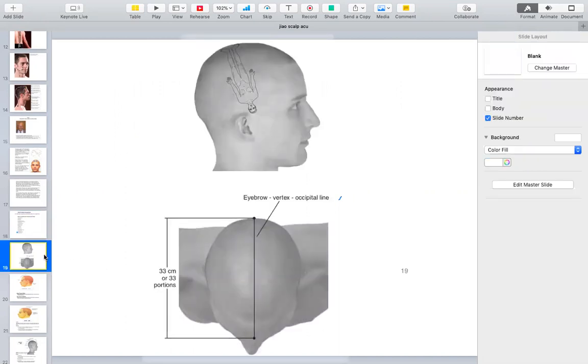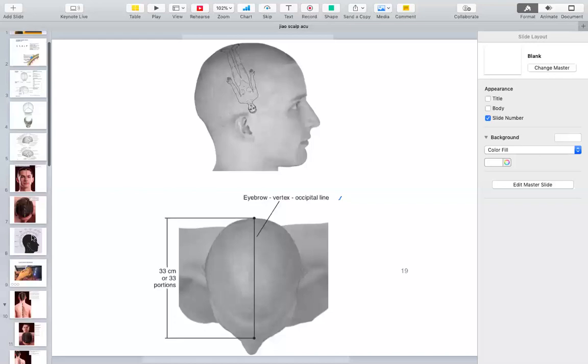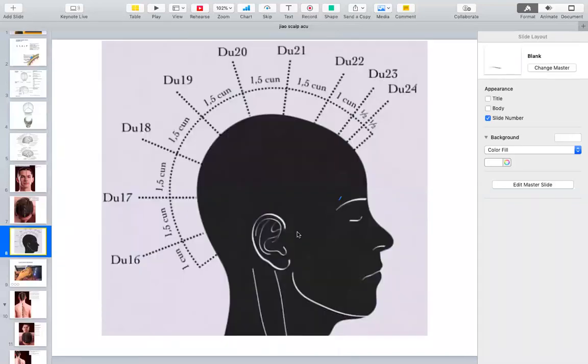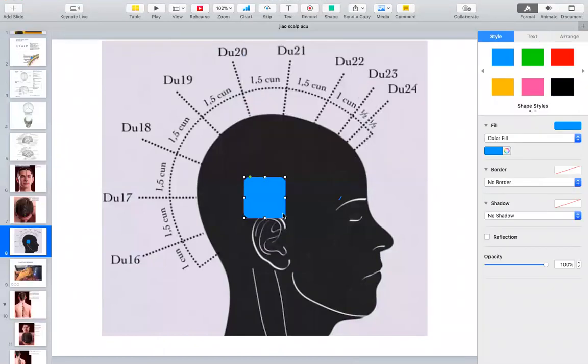So at first, Dr. Jiao has told, I will take the help of this image, this is a good image. If we measure from the glabella, so this is the glabella.